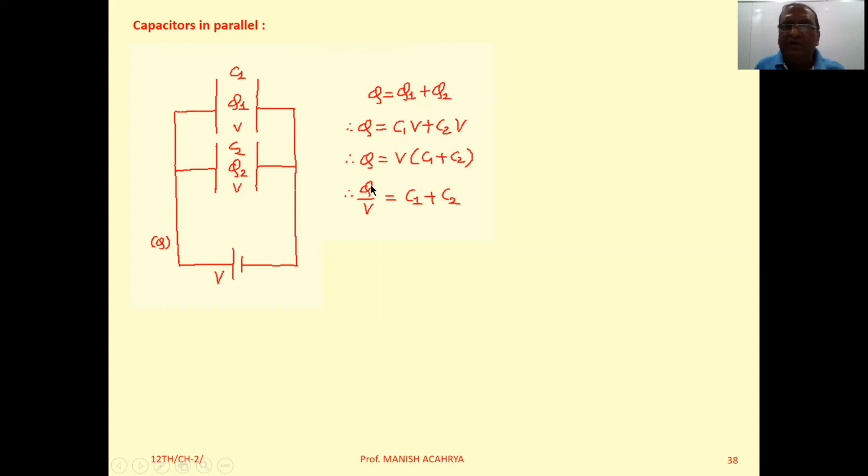Now take V to the left hand side. So Q by V equals C1 plus C2. Suppose the equivalent capacitance of this combination is C. Then Q by V is equal to C. So C equals C1 plus C2.